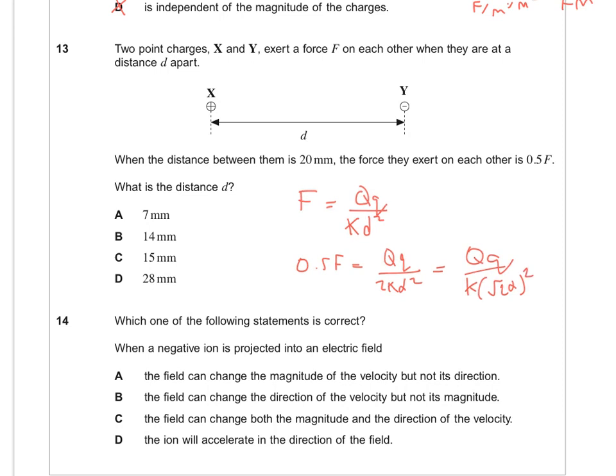So essentially what's happened is to go to 0.5 F, we've multiplied D by root 2, so to work backwards, 20 divided by root 2 would give us what D is, and that comes out as 14.14, so that's going to give you 14 millimeters.